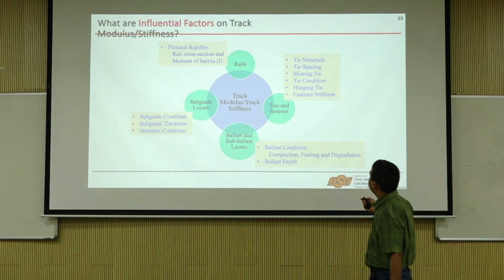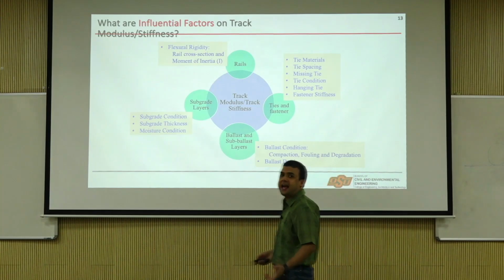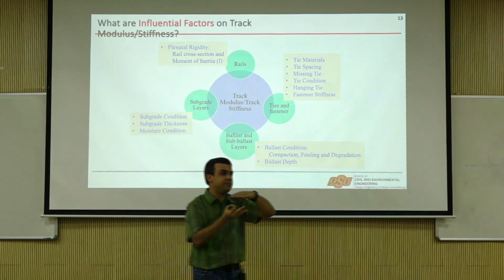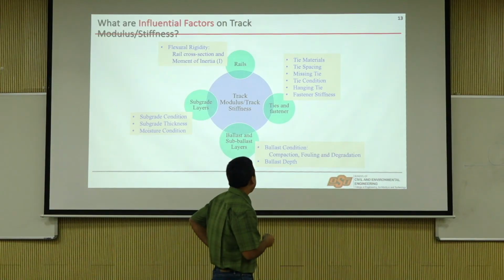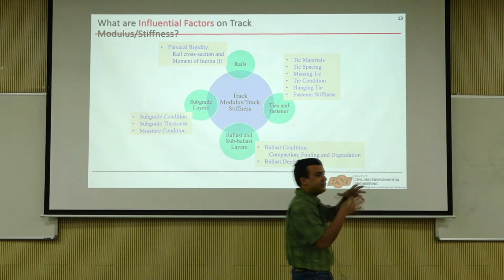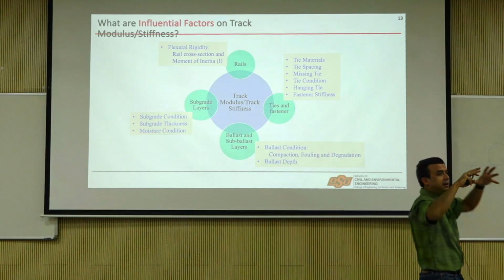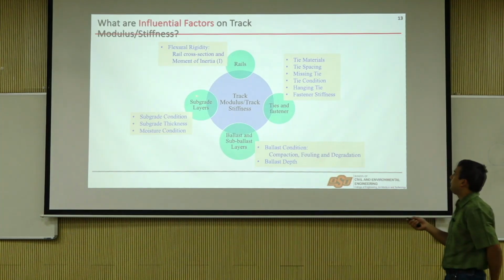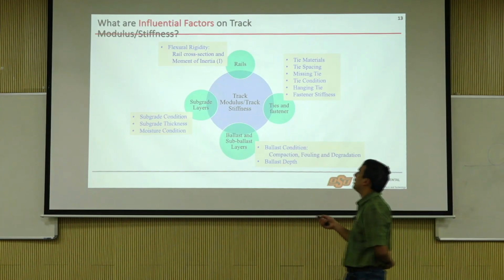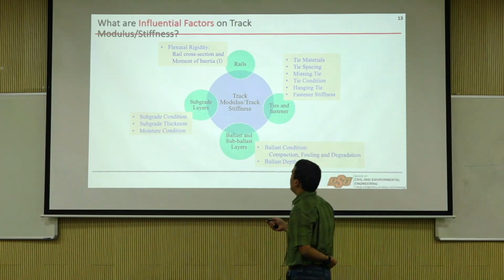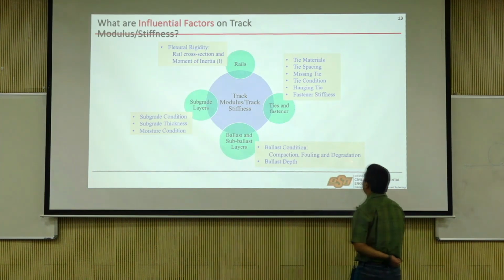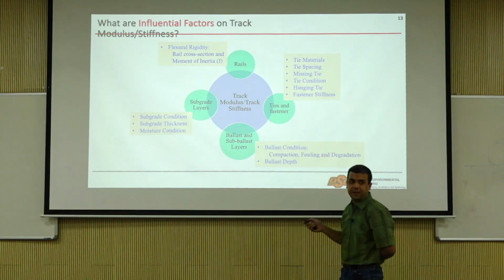Then you have a hanging tie, which I told you about already, where contact is missing. Fastener stiffness: the fastener is between the rail and the tie, and that stiffness affects it as well. Then sublayers: subgrade condition, thickness, moisture condition, ballast and subballast condition, compaction, fouling, degradation, ballast depth, and everything.